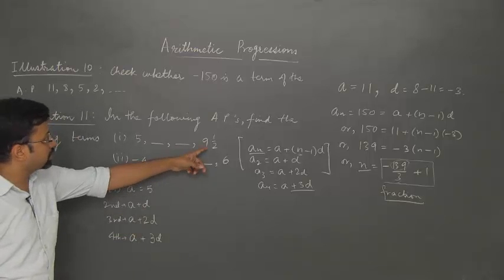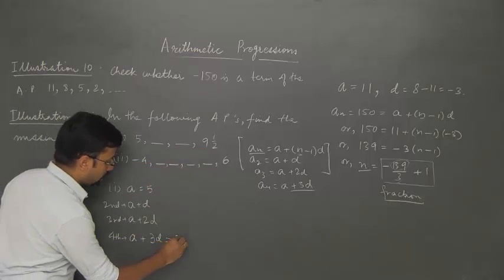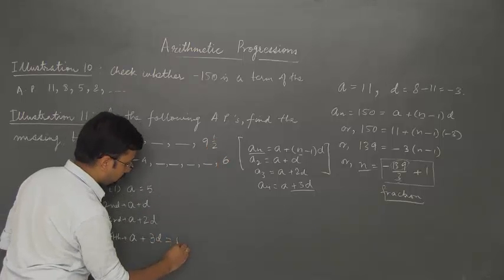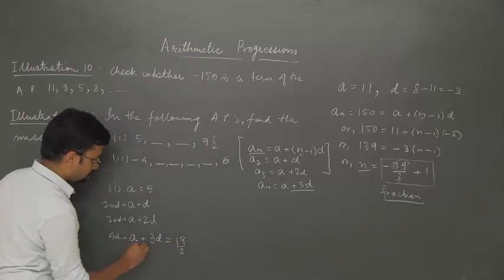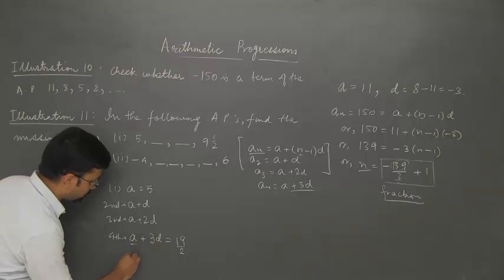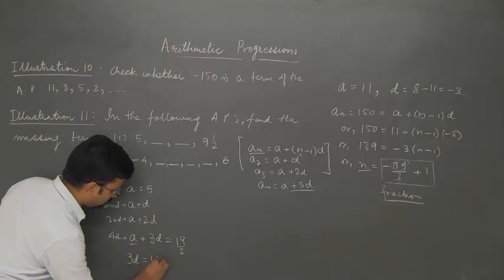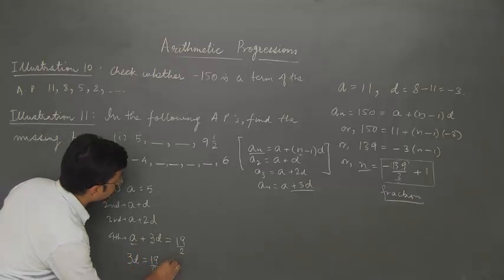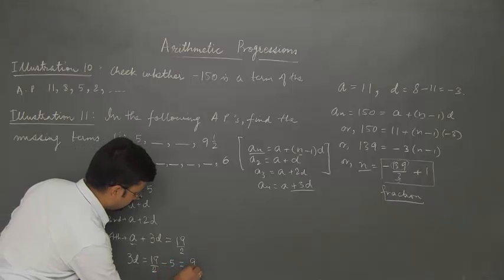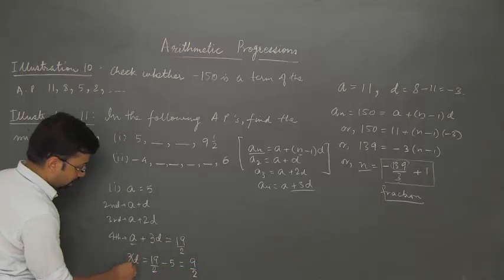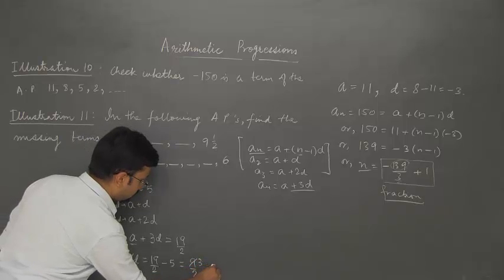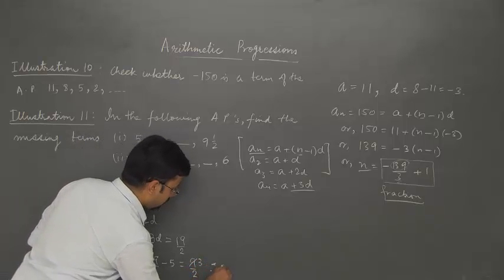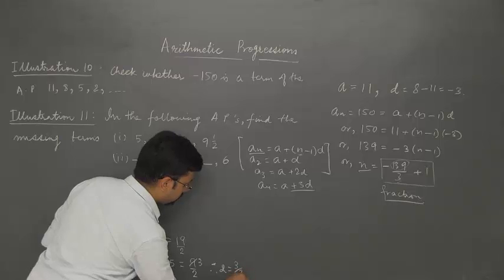Now the fourth term is given as 9 1 by 2. 9 1 by 2 would be 19 by 2. And a is given to be 5. So 3d equals 19 by 2 minus 5, which is 9 by 2. You cancel it out and you get d equal to 3 by 2.